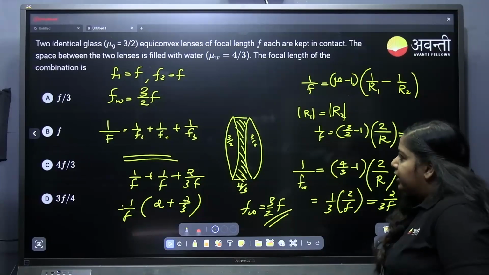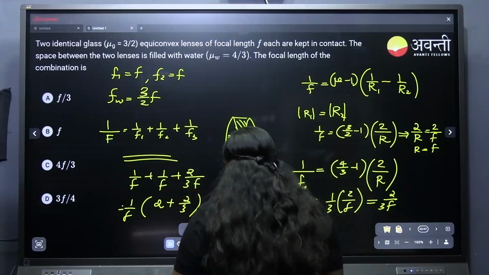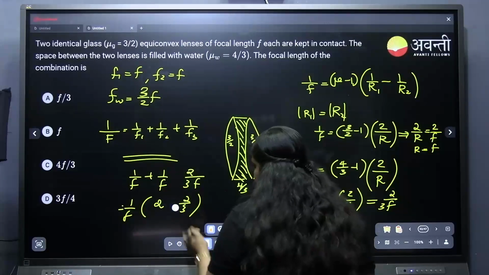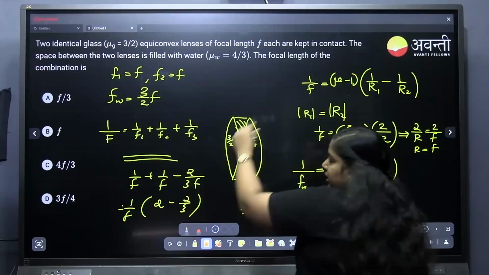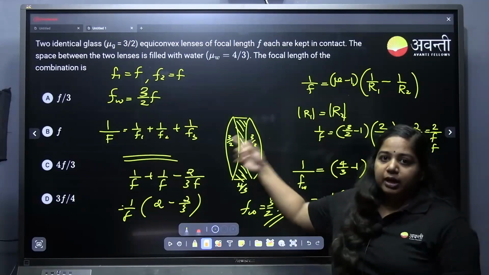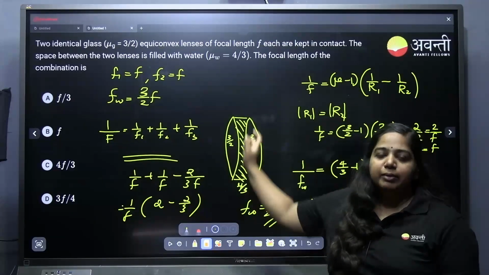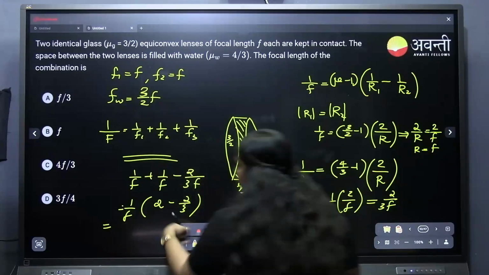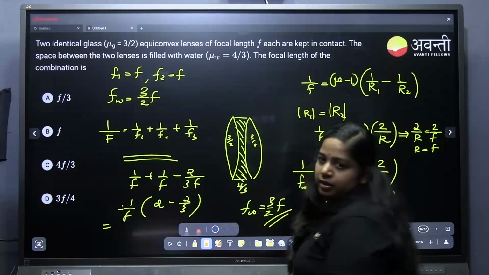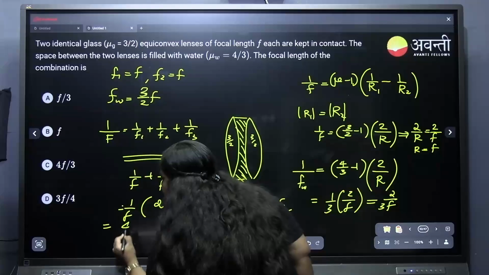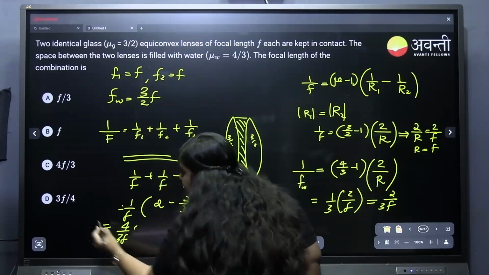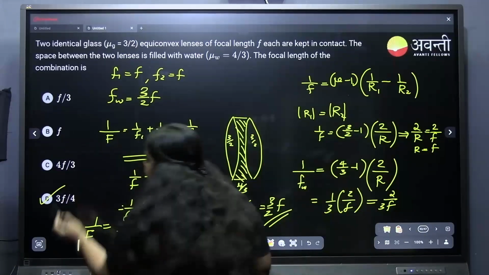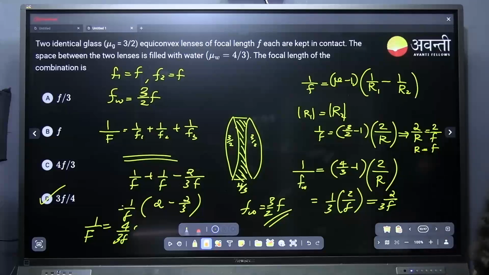Sorry, this will be minus. Why? Because both sides we have converging lenses, and in the middle it is a diverging lens, so it should be a negative value. So we get 6 minus 2 by 3, 4 by 3, 1 by f. So f is equal to 3 by 4f. Answer is option D.